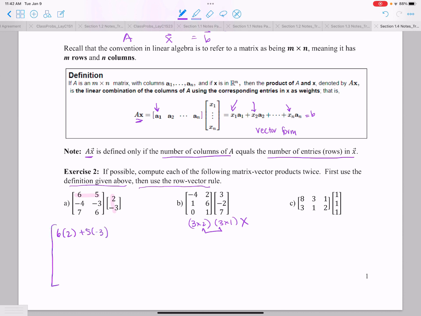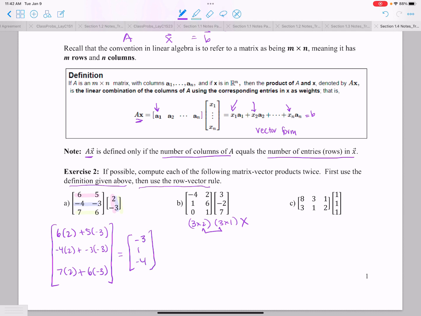That would be the first entry of your product. Then we're going to take the second row with this vector. So I'm going to have negative 4 times 2 plus negative 3 times negative 3. Then I have 7 times 2 plus 6 times negative 3. And doing it that way, we will get the same answer of negative 3, 1, negative 4.